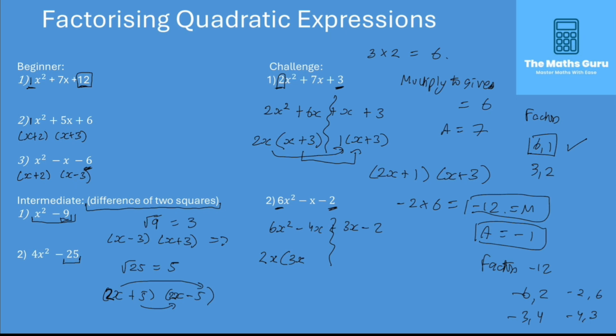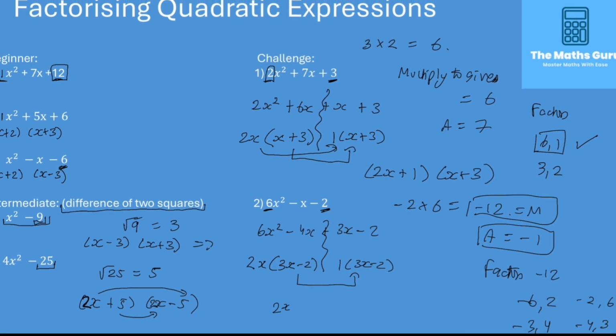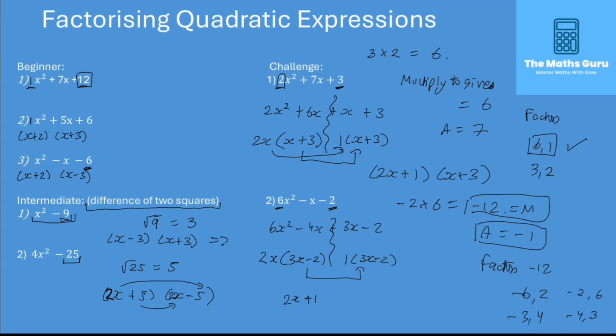Then from 2x to negative 4x, we need to put in minus 2. Then use this very same bracket here and get 3x minus 2. To get from 3x minus 2 to 3x minus 2, again, just times by 1. Then we take our brackets, 2x plus 1, and we get our 3x minus 2. And these are our two brackets.